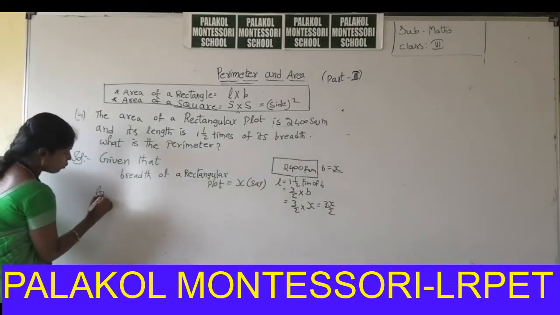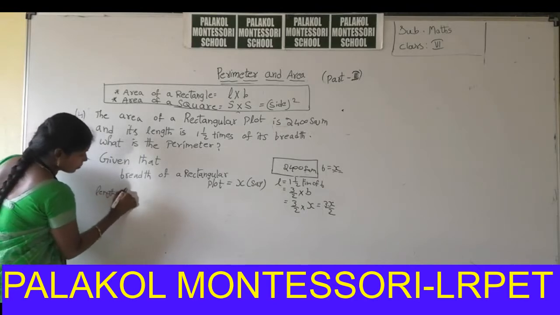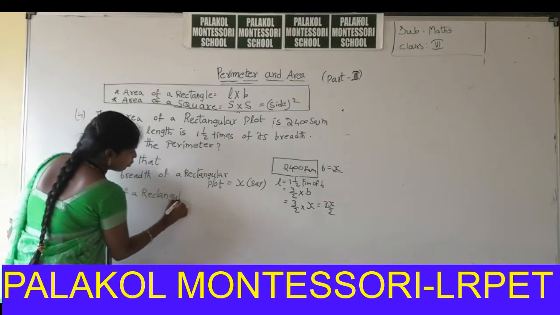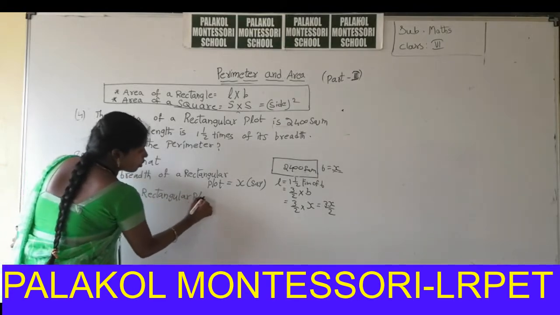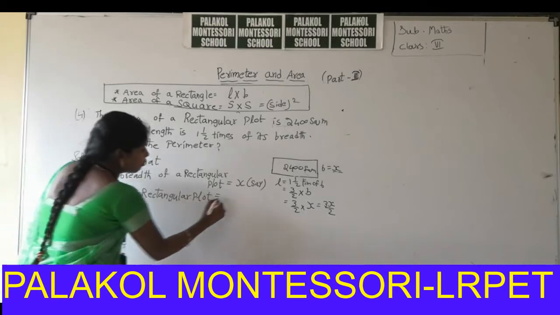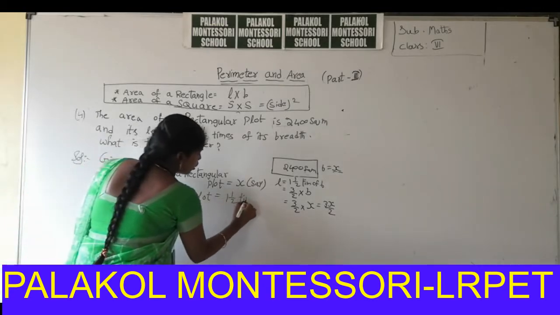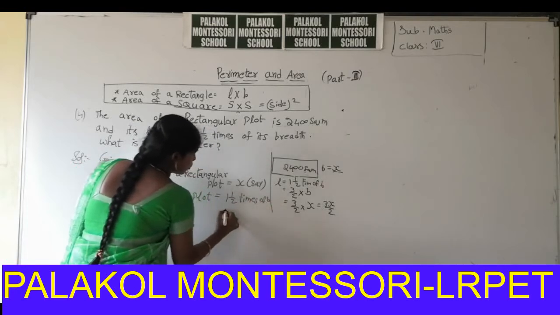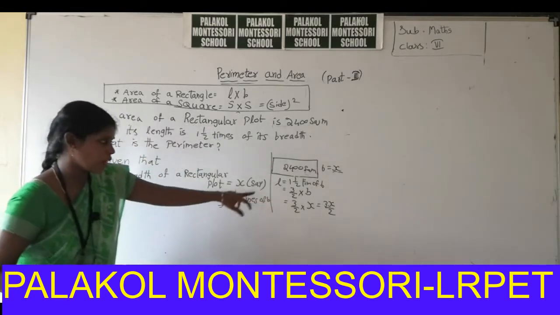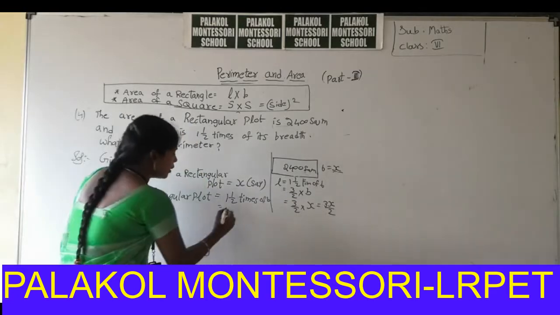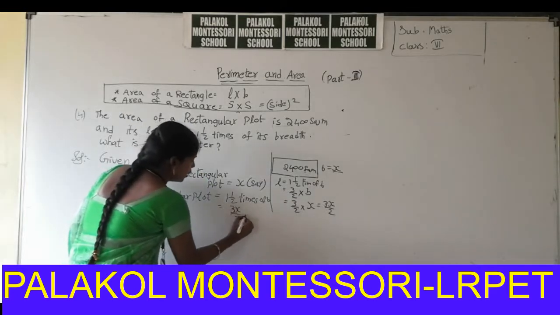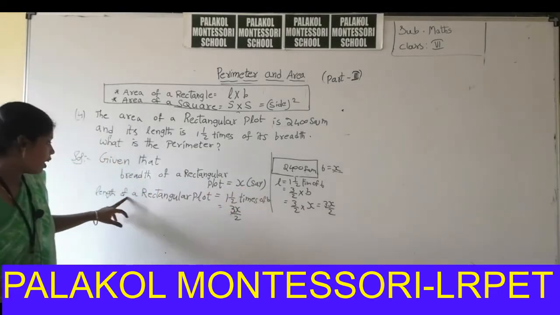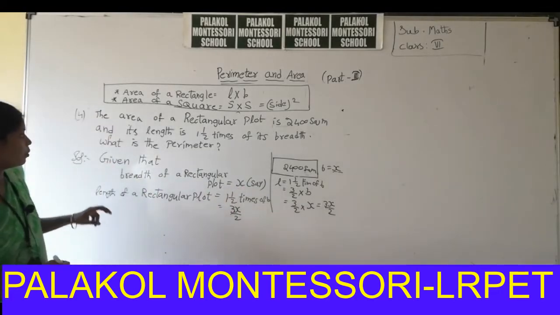Next, the length of the rectangular plot is equal to 1 1/2 times the breadth. 1 1/2 is a mixed fraction, so that is nothing but 3x by 2. So the breadth is equal to x and the length is equal to 3x by 2.